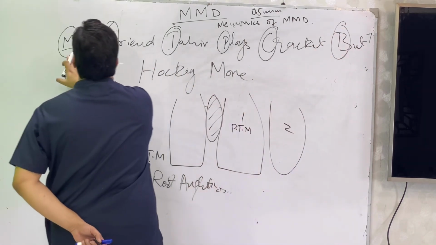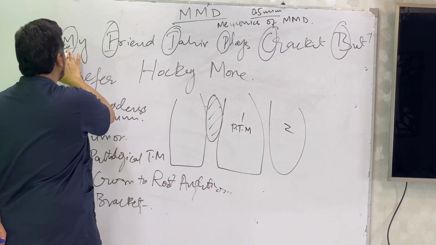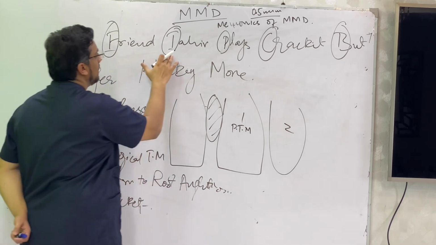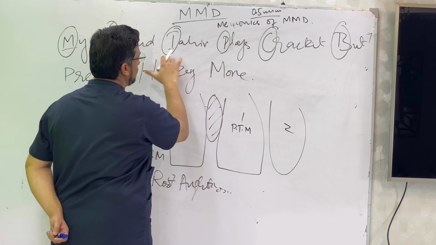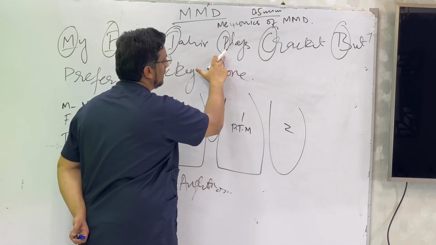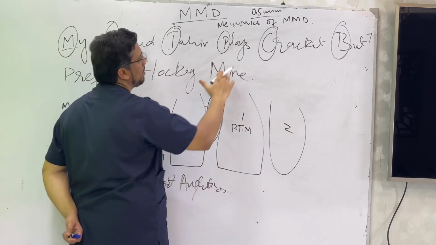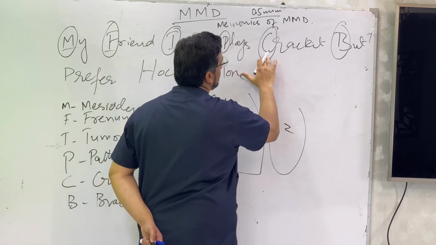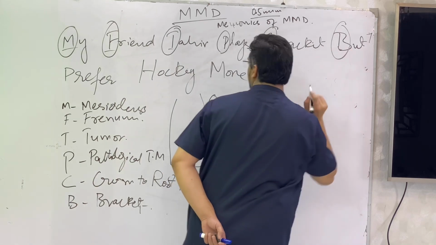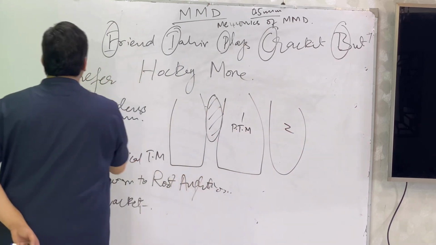So far we have discussed M stands for mesiodens in between the incisors, any frenum between the incisors, any tumour between the incisors, tumour as pathology. P stands for pathological tooth migration of the incisors, flaring of the incisors caused by crown to root angulation problems. B stands for bracket positioning error, can cause diastema. But prefer.